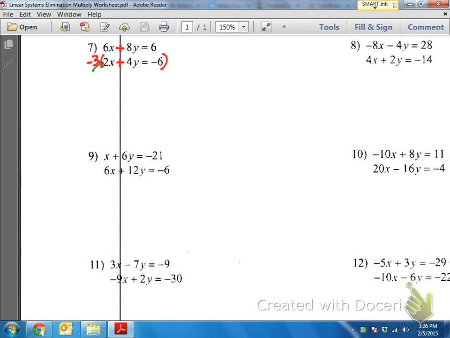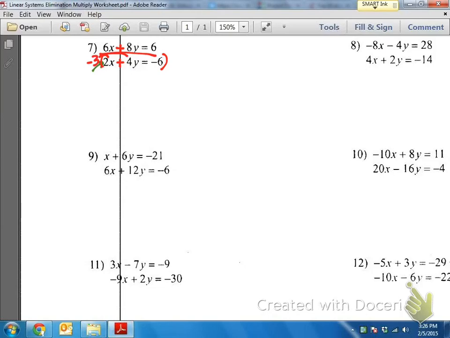The whole reason I'm doing this is I need to eliminate the variable x. If I have a positive 6x on top, I've got to have a negative 6x on the bottom. So let's multiply by negative 3.